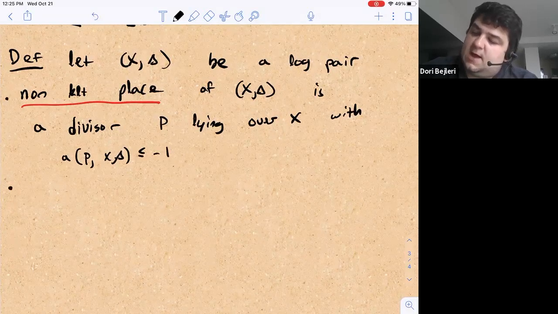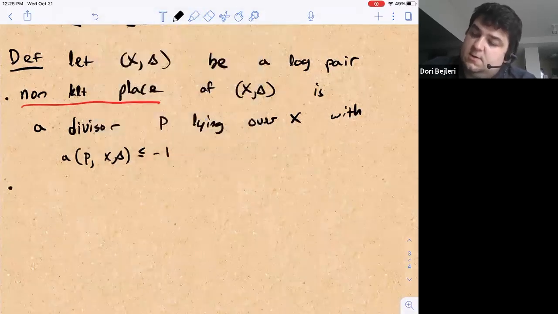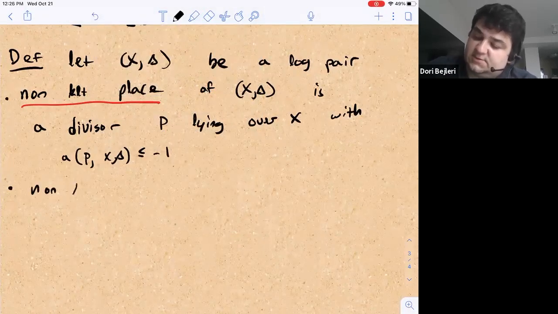And then a non-KLT center is a closed subvariety of X that's the image of one of these divisors.